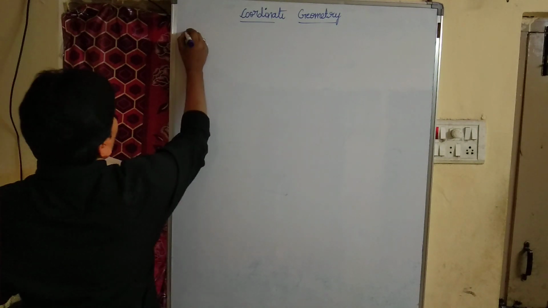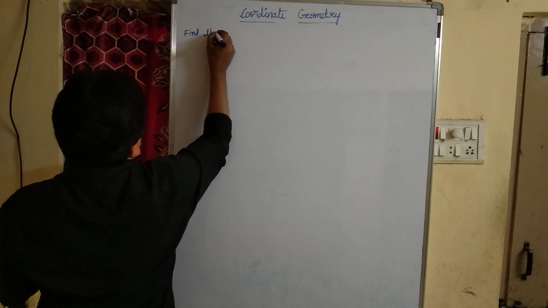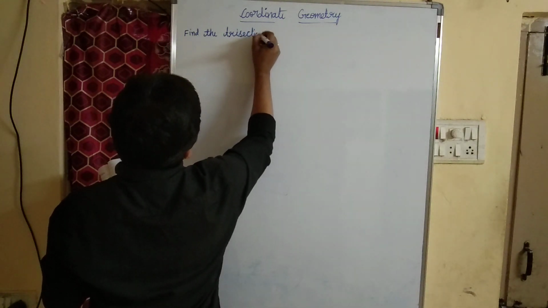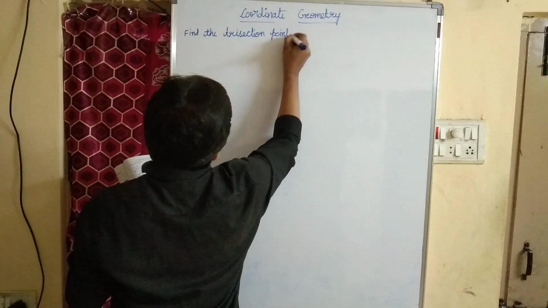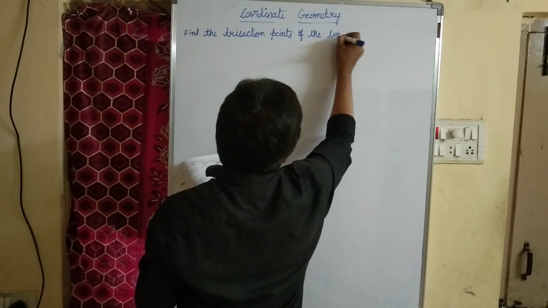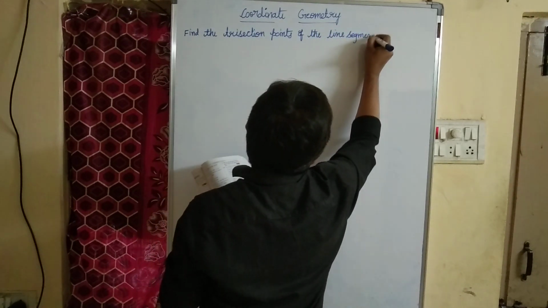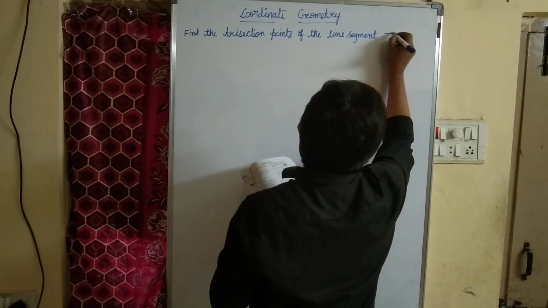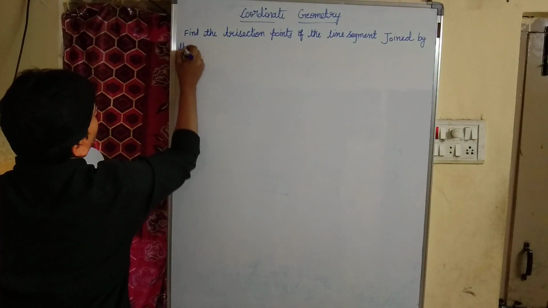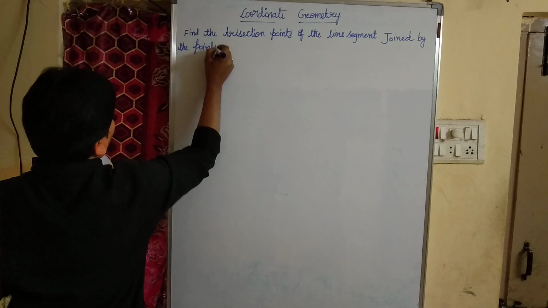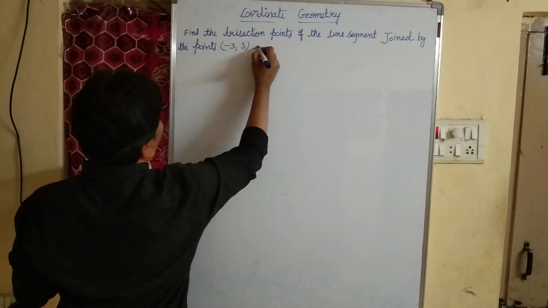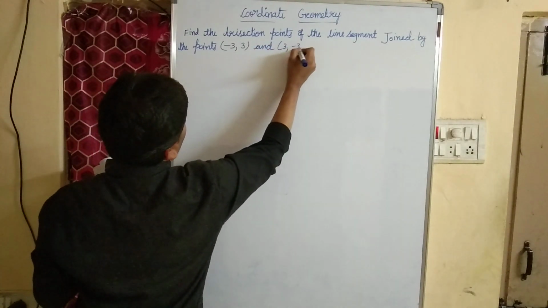Okay, our last question: find the trisection points of the line segment joined by the points -3, 3 and 3, -3.